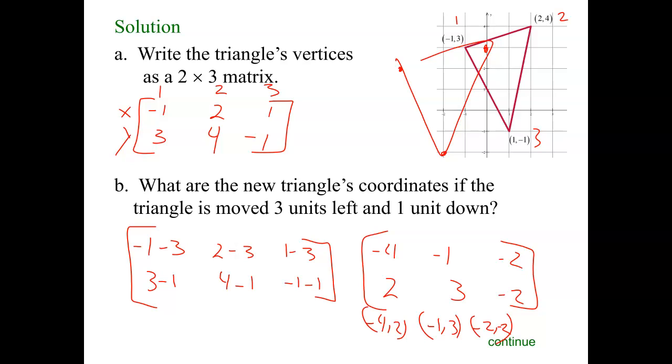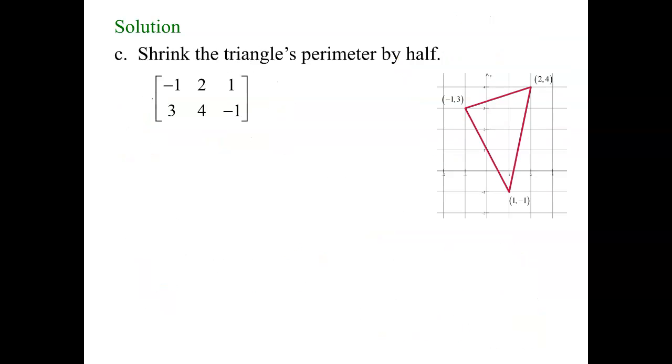If I wanted to triple it, 3. If I wanted it 5 times larger, 5. If I wanted a quarter of the size, 1/4. So if I want to expand it or shrink it, I'm multiplying by a scalar. Since I want it to be half the size, I multiply by 1/2.